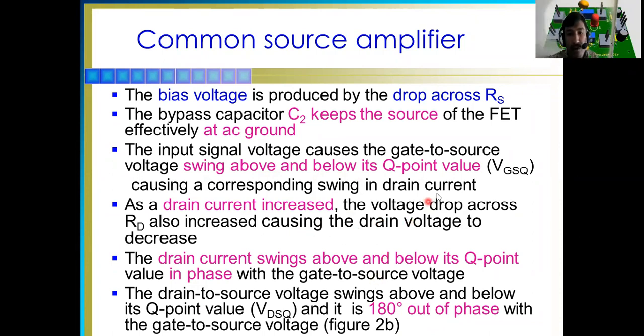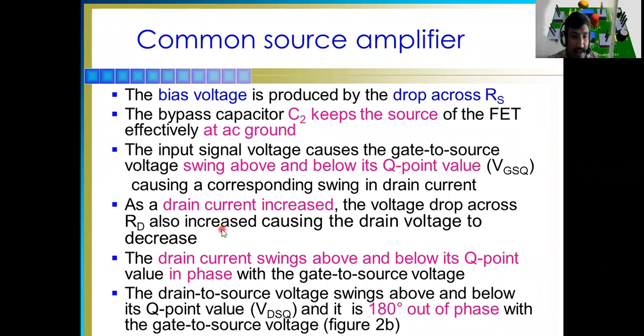Now the Q point value is VGS, the voltage across gate and source, and the Q point ICQ, VCEQ, right? Do you remember? There, instead of VCEQ, here we write VGSQ. Remember that notation. Don't confuse between them.